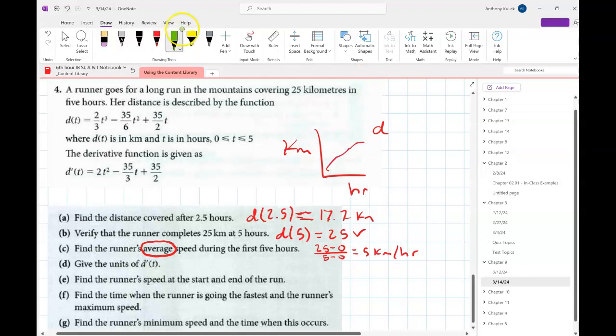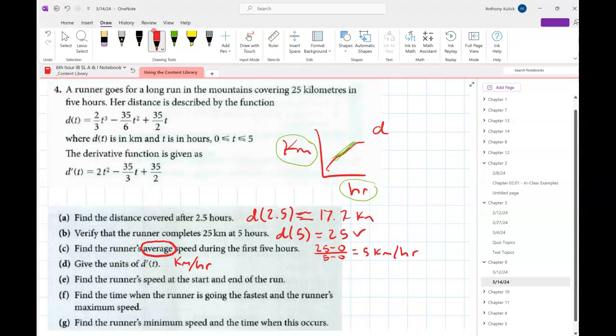D prime is like the slope, so it's going to be y over x. So the unit should be kilometers per hour, right? The derivative of position is velocity. What's going to be the derivative of a velocity graph? Acceleration, right? And the units on acceleration would be kilometers per hour squared, or kilometers per hour per hour. You could write it that way as well.